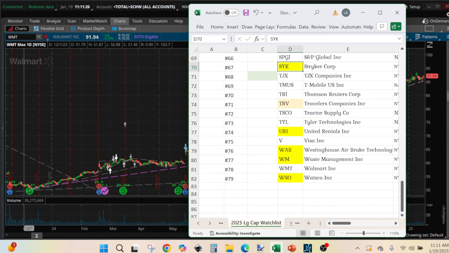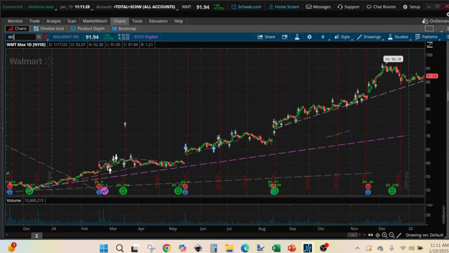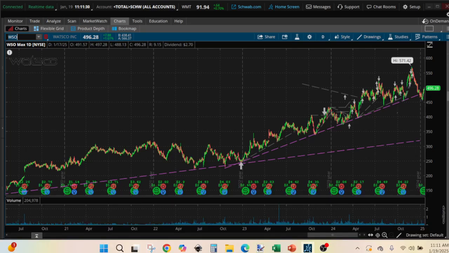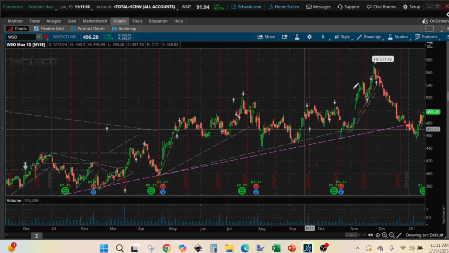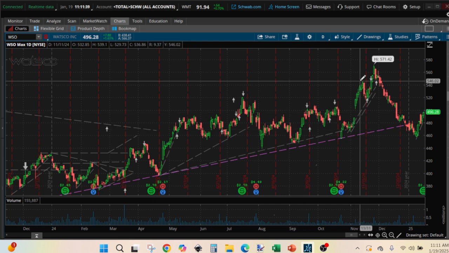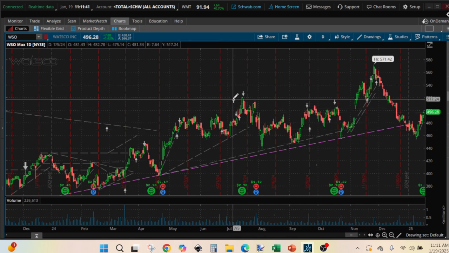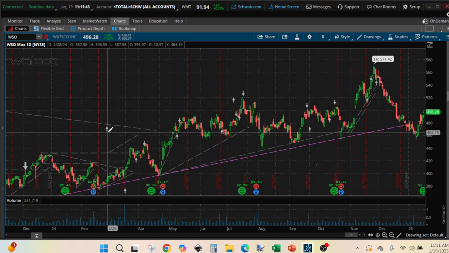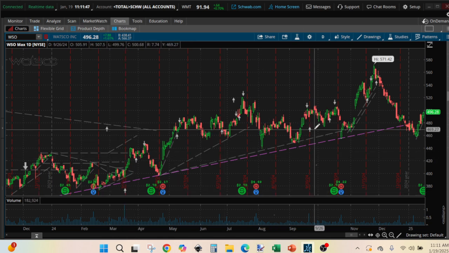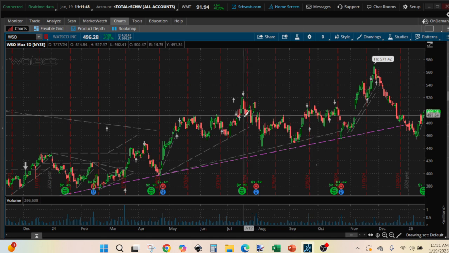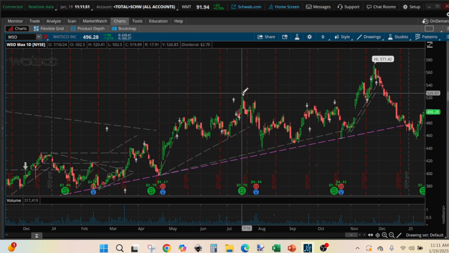The next one is WSO. WSO, we have it in our portfolio. We have not sold it yet. You can see that we traded quite a bit in 2024. Of course, we do have some arrows that don't have any business to be here though.